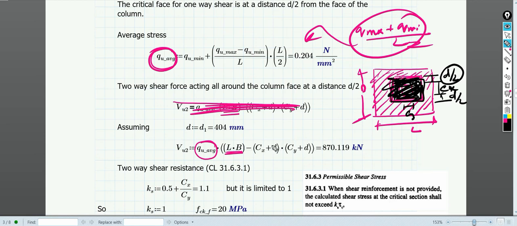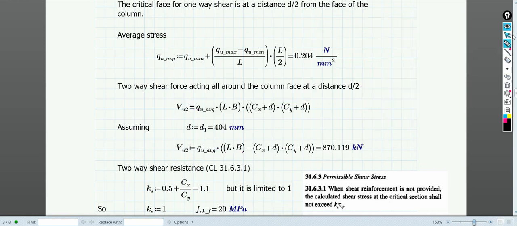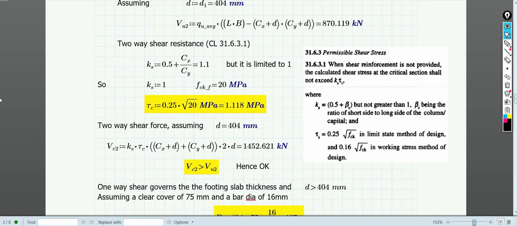If I subtract it from L into B, I will get this hatching area. Then if I multiply with the Q average, I can find out the shear force that is acting over these punching faces. So this is about the punching shear force.